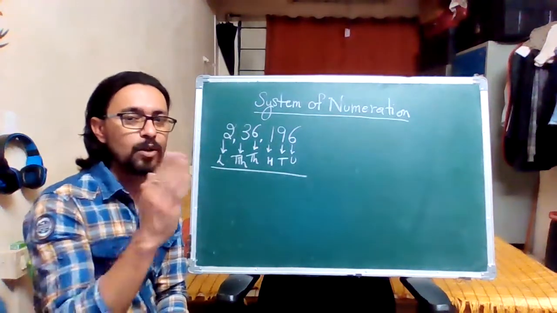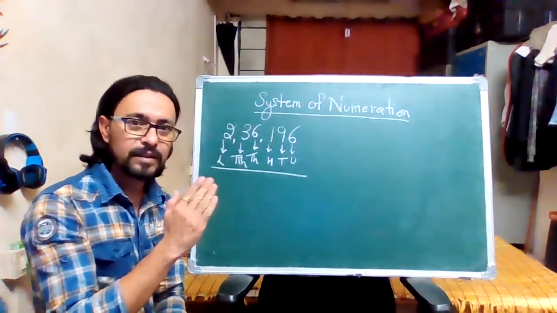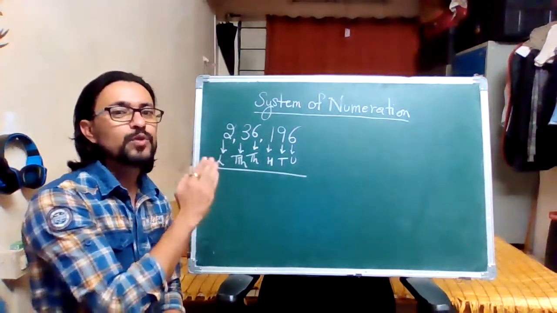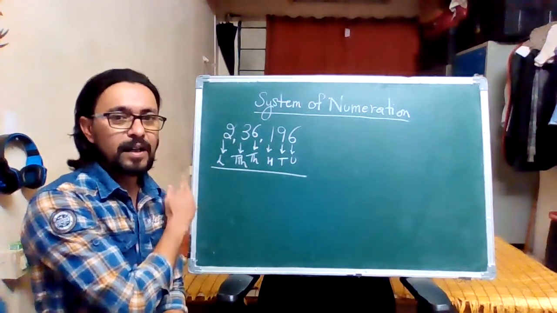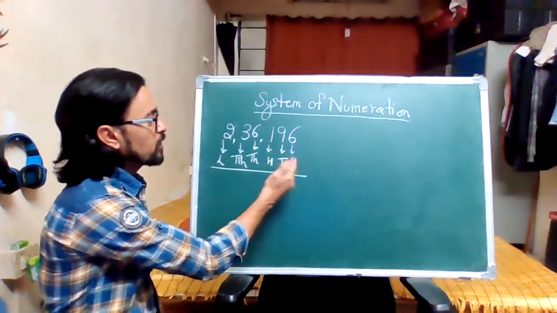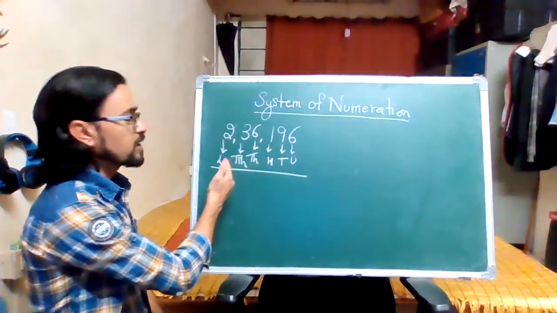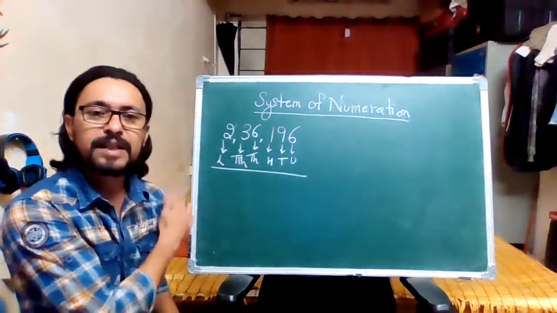We start putting the commas from right to left after 3 numbers, and then after every 2 numbers, the commas are placed. So we move from units to tens to hundreds to thousands, 10,000s, lakhs, 10 lakhs, crores, and 10 crores.